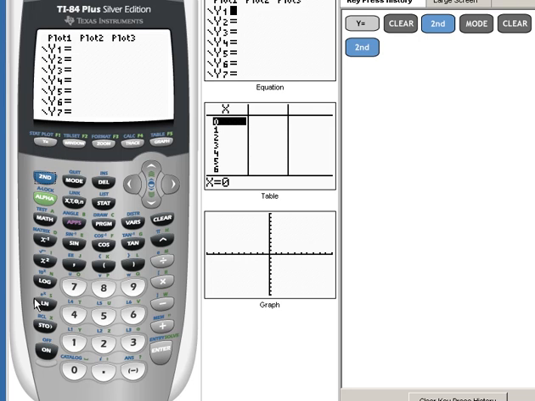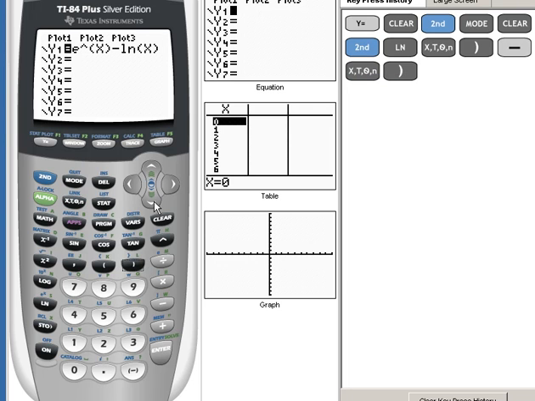So second, and then the natural log gives me that e raised to the x, close the parenthesis, minus the natural log of x, and then close that parenthesis. In my y2, I'm going to type in 4.